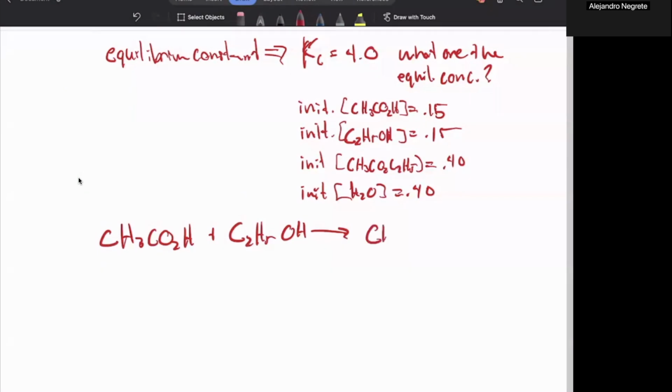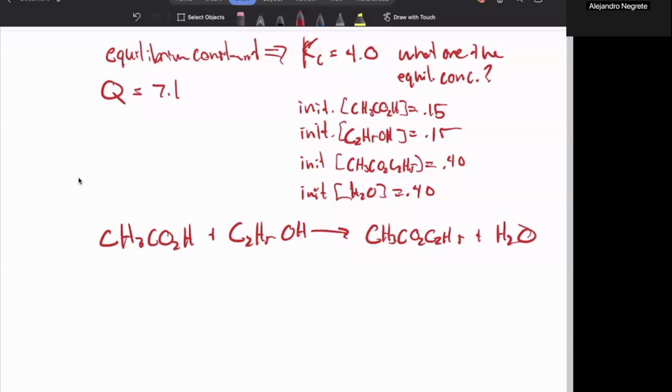We're going to get the products. The last piece of information here is I'm also going to give you Q. Q is equal to 7.1.